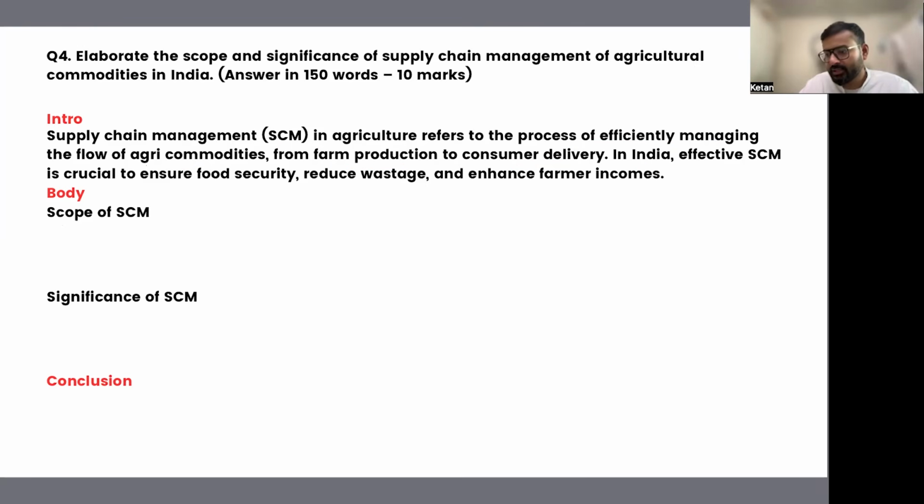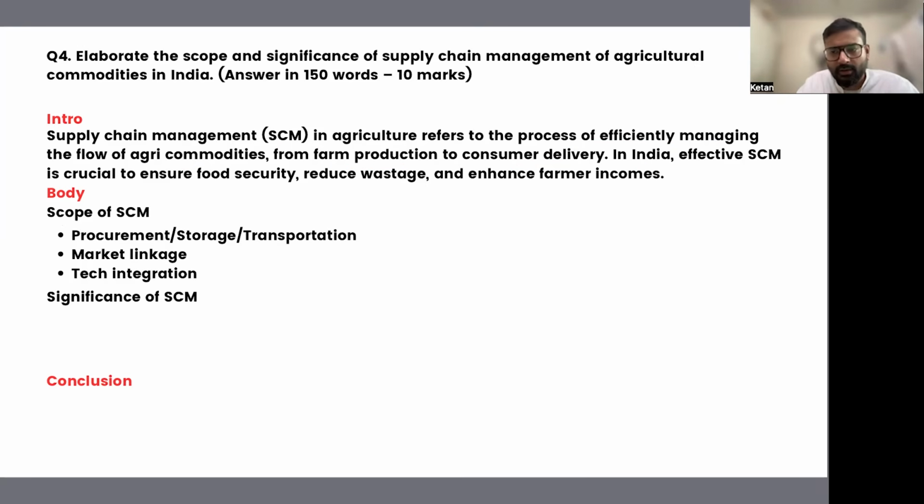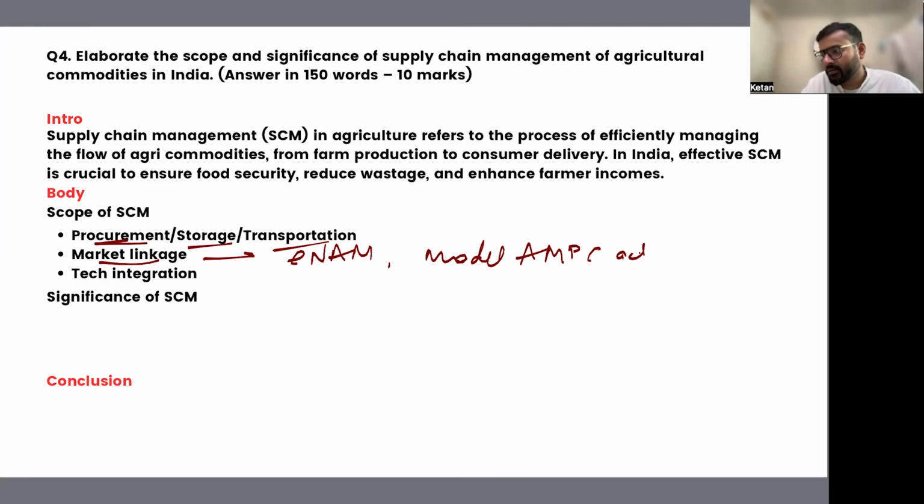In the body, in the scope of supply chain management, you can talk about all the scope. So, right from procurement to storage and transportation of agricultural commodities, also market linkages. So access to market. You can also talk about digital access to market like eNAM here, or the Model APMC Act, or different innovations that have been done with respect to market linkage.